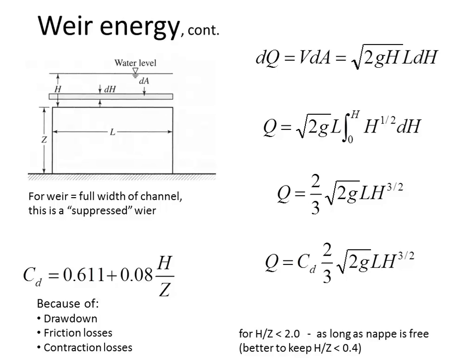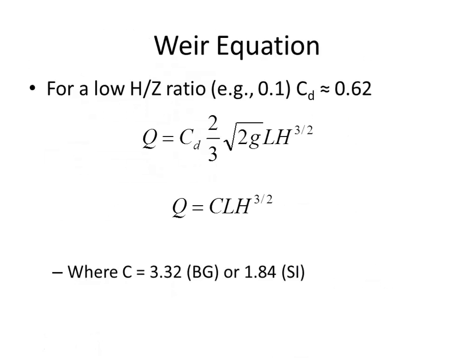They're experimentally verified in the lab. We can sometimes calculate the actual C sub D by calculating the predicted flow rate and then measuring the flow rate in the lab with a stopwatch and a graduated tube. But that's how you can find the flow rate with a sharp-crested weir.